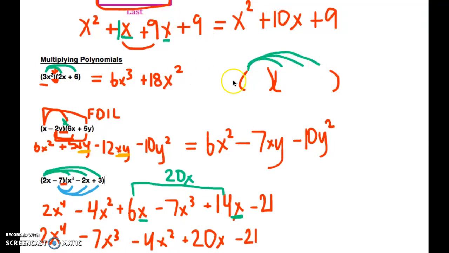If you have multiple terms, you could then take that term and multiply it by everybody in the parentheses. And if, let's say you had a third term, you could take him and multiply him to everyone in the second parentheses. You would end up with 3 plus 3 plus 3. You would end up with 9 terms that you would have to simplify.